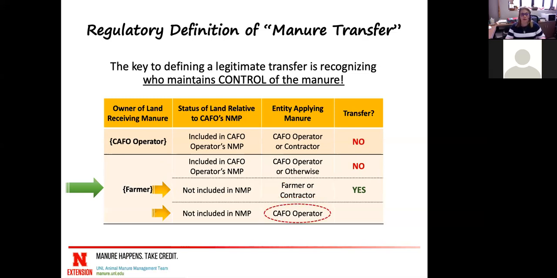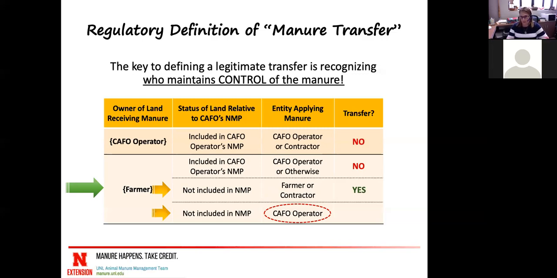On the other hand, if perhaps a neighbor has land that you've never applied manure to before, but you need additional land this year, maybe some of the other land that you've been using got taken out of your nutrient management plan, and a farmer says, sure, you can use these 200 acres and apply manure from your site.